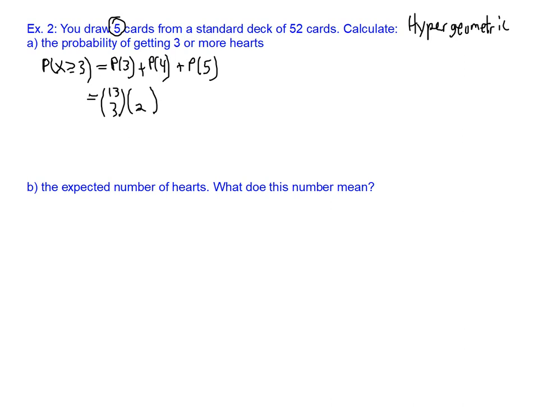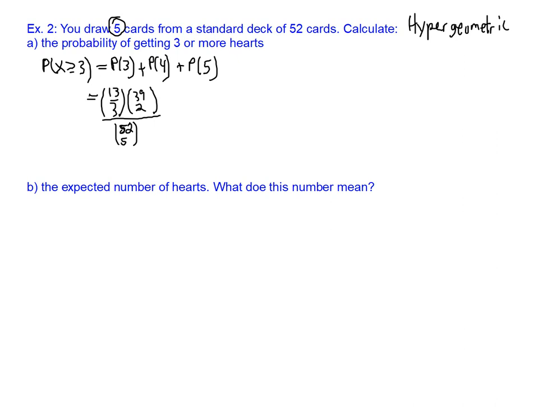There are 52 cards in the deck. 13 of them are hearts, so we subtract 13 from 52, and we get a total of 39. So there are 39 cards that aren't hearts, and we need 2 of them. This is all out of the total number of ways that we can draw a 5 card hand. So 52 cards in the deck, and we want 5 of those cards. So it looks sort of like that.